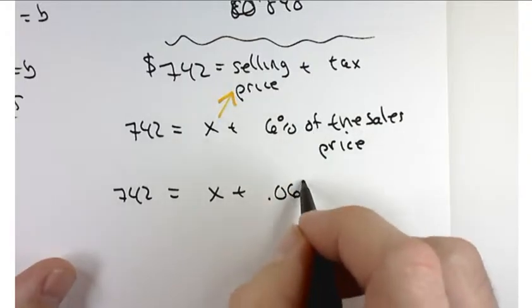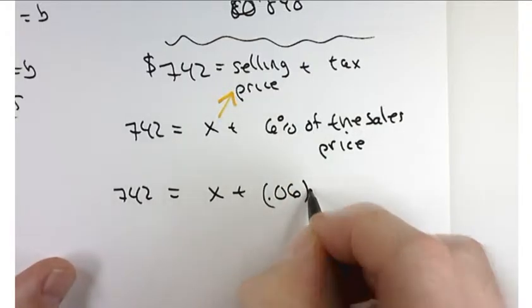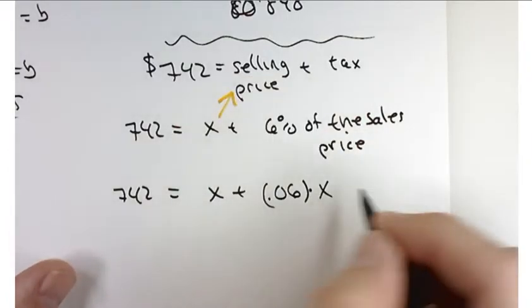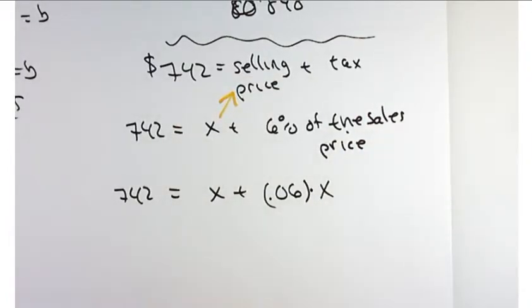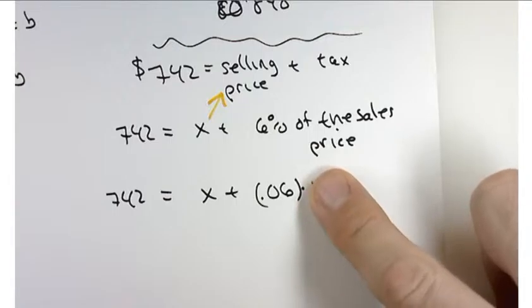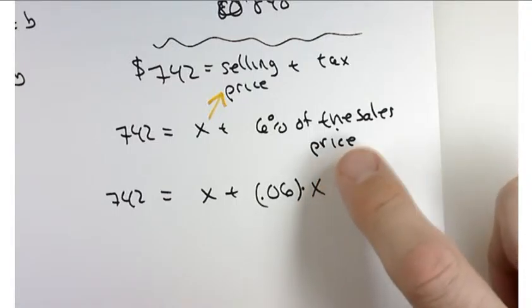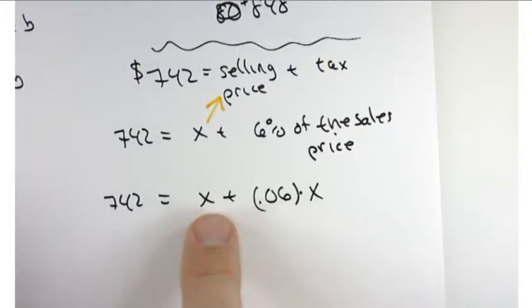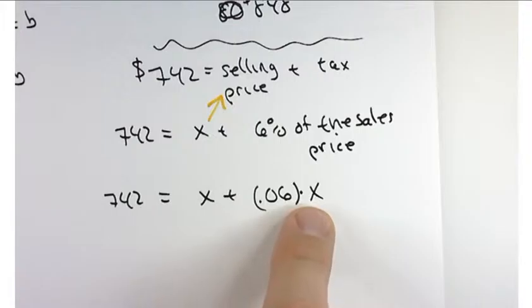Of means times the sales price. Sales price is X. So 0.06 times X. Now, it'd be wrong to say 0.06. It's 0.06x. You need that variable in there because it's not 6 cents, it's 6% of this.